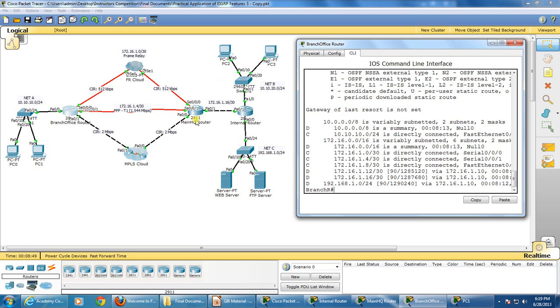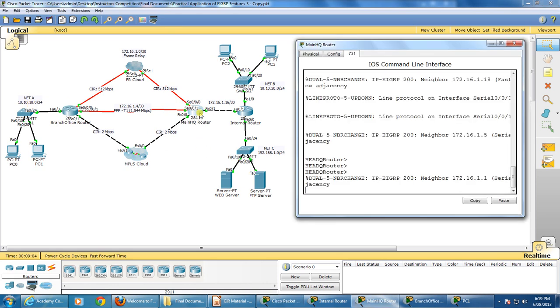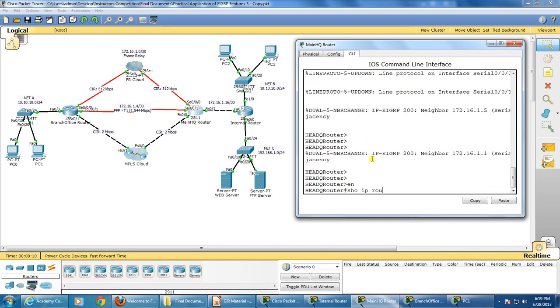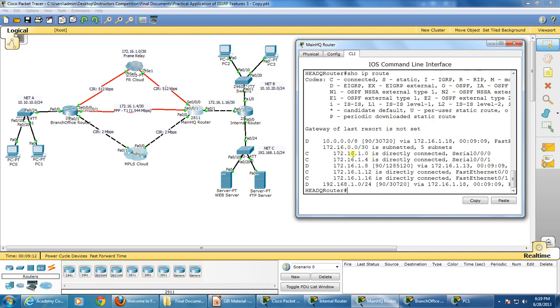To let the main office router send the exact subnet of net B, and as well as the main office router to be able to receive the exact subnet for net A, which is 10.10.10, because in the main headquarters router, you will notice also that we don't have any entry for the net A block, which is the 10.10.10.0. So again, this is because of automatic summarization, which is enabled.